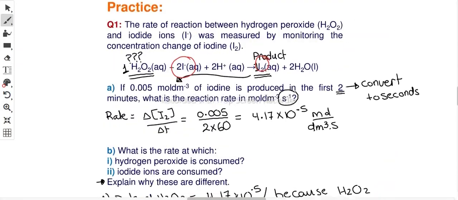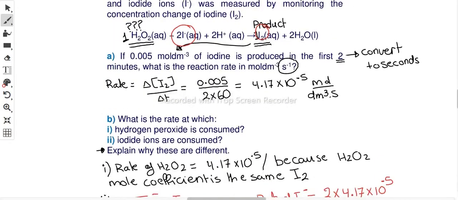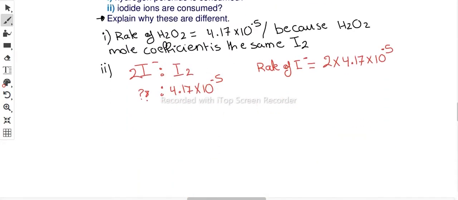So from this practice, we need to remember that the coefficients are very important when comparing the rate of reaction. So I can write it as a note here to remember it.